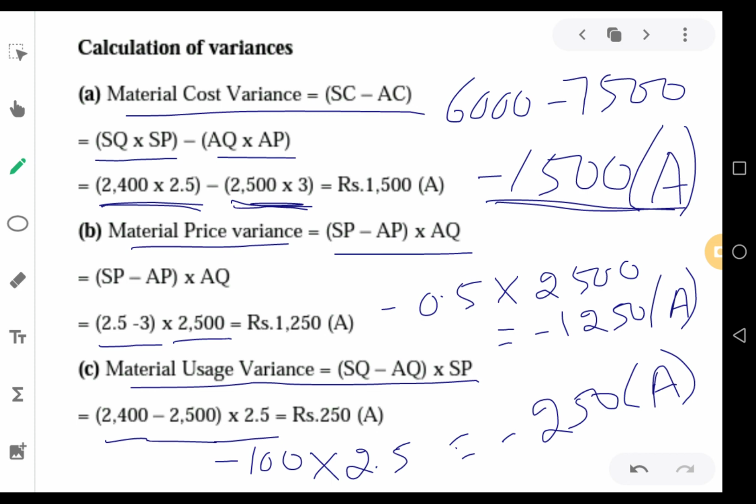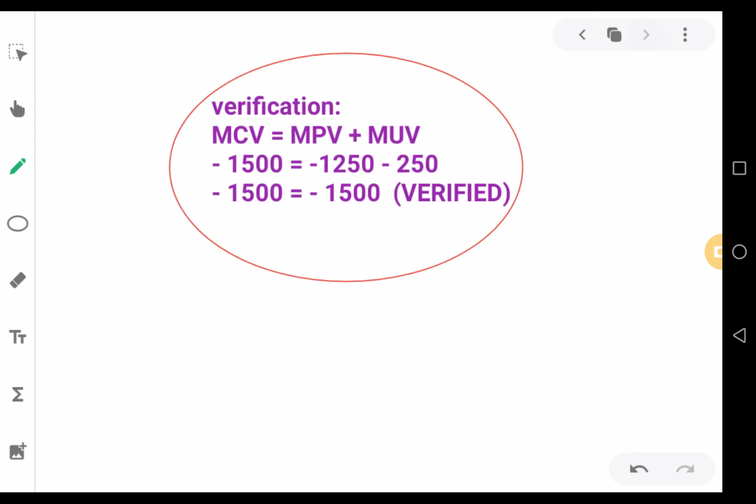So we just now calculated material cost, price and usage variances. Let us see whether the answers are perfect or not by just doing a simple verification. The verification step is material cost variance is equal to material price variance plus usage variance. Cost variance we got minus 1500 is equal to price variance minus 1250 plus usage variance minus 250.